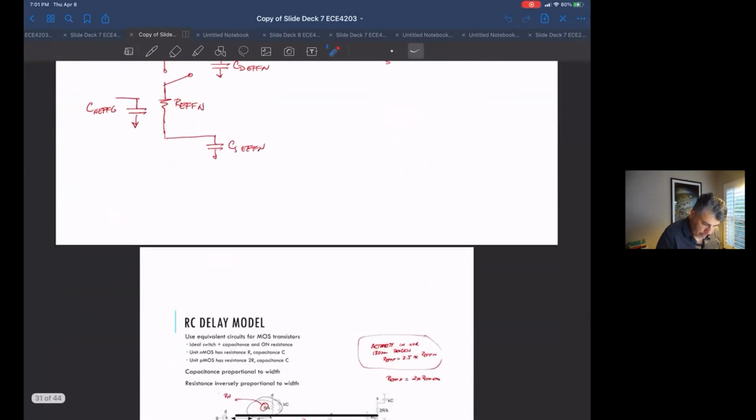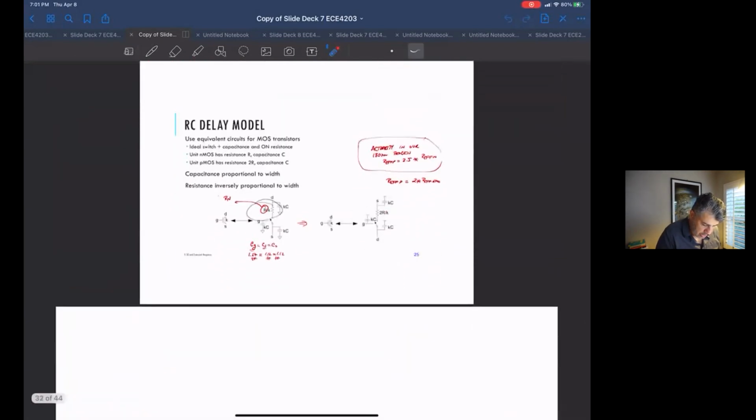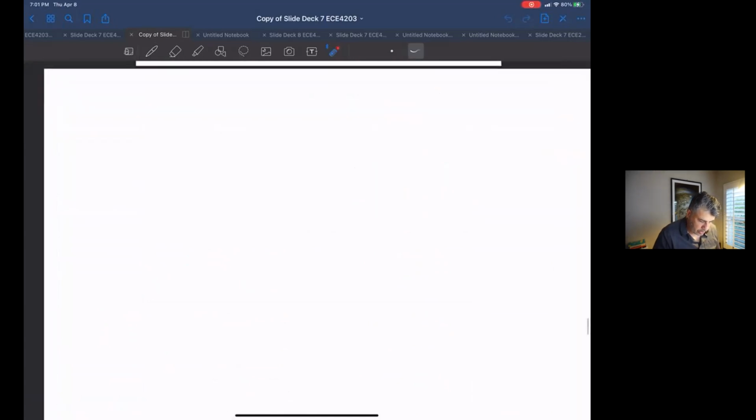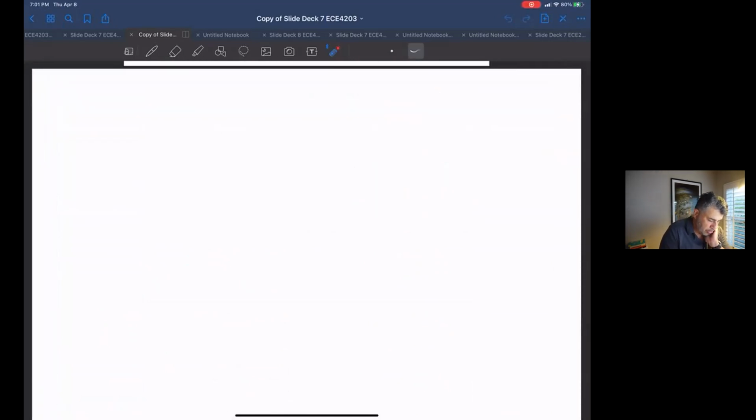So that we can, basically for each process, we can do an estimated value.